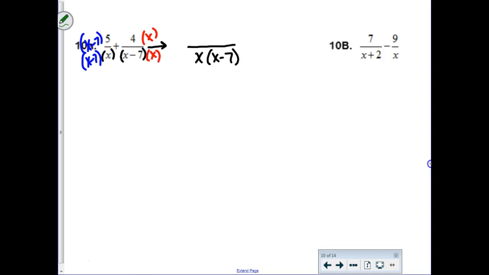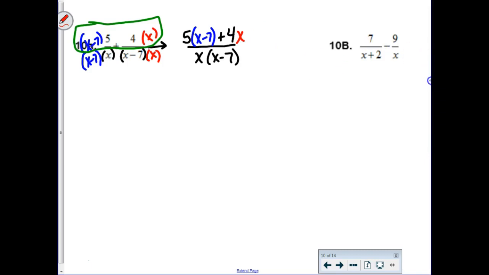Now what I like about these questions is once you come up with that common denominator, you don't have to do any more work. This is where the work shows up in the numerator. So you've got 5 times x minus 7, which I'm going to try to write with the same colors so we can match it up to our slides. And then there's a plus sign in the problem. And then there's 4 times x.